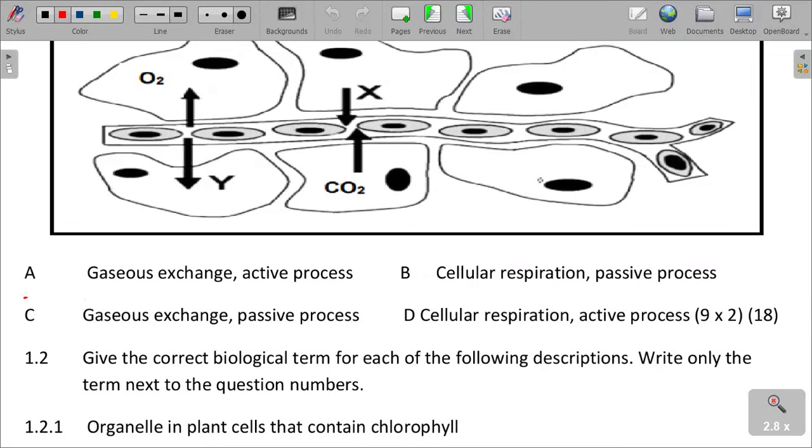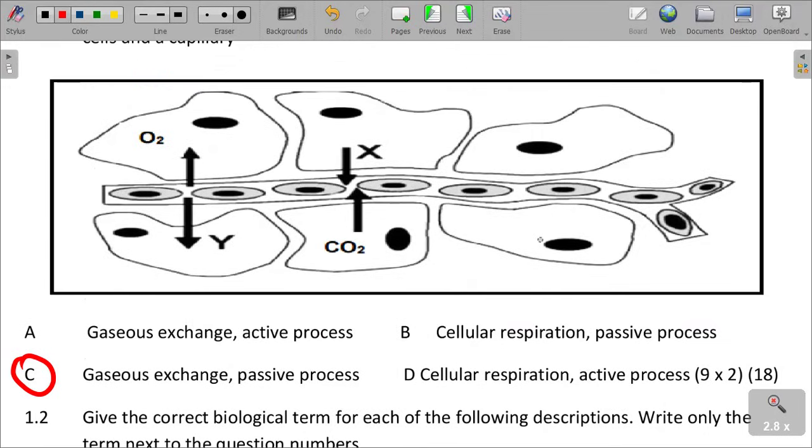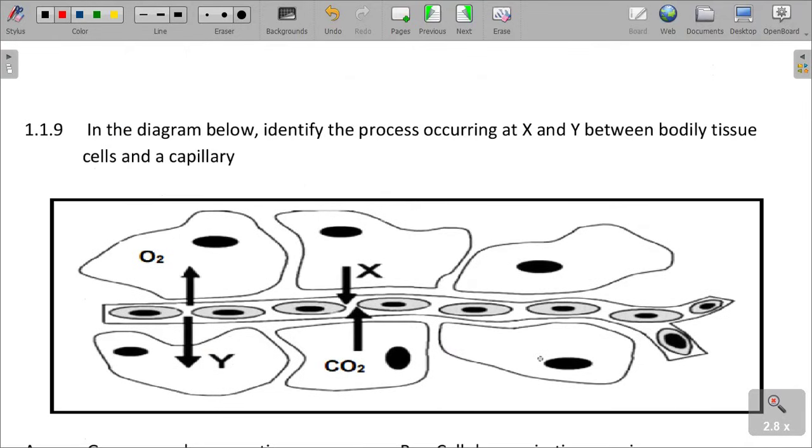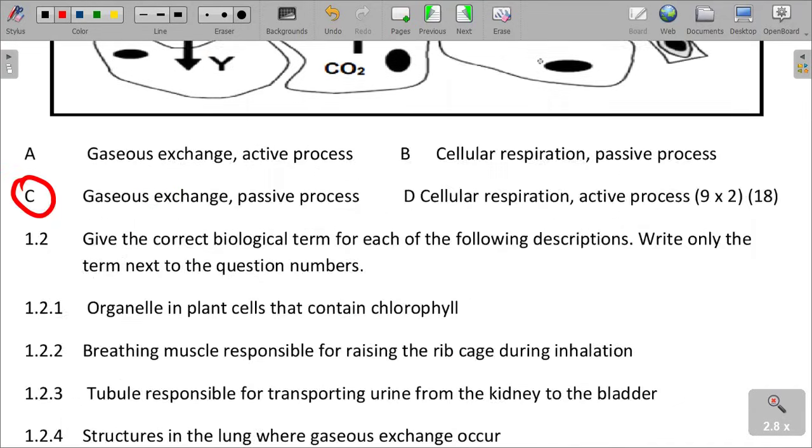Again, if you check on Metric Hub, we have the same diagram where the explanation is given that we talk about the passive process and gaseous exchange, which is occurring as indicated in the diagram above.